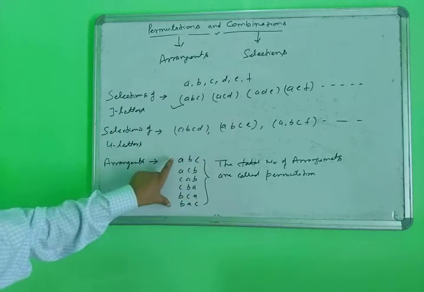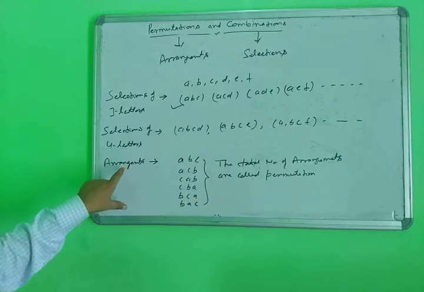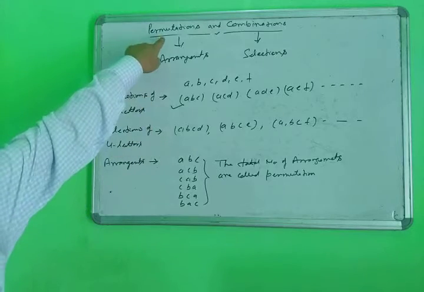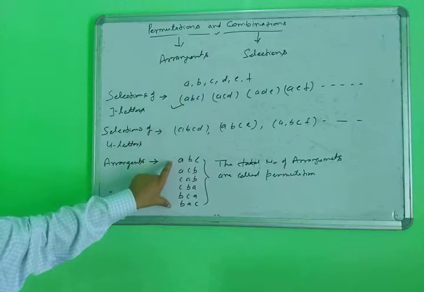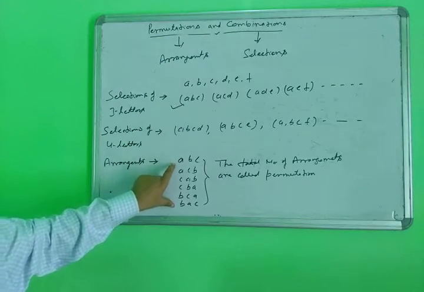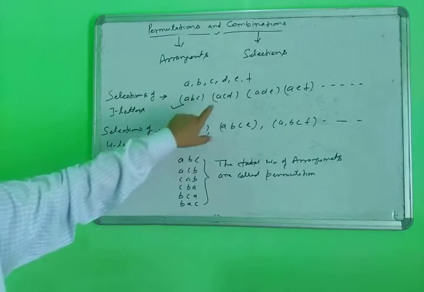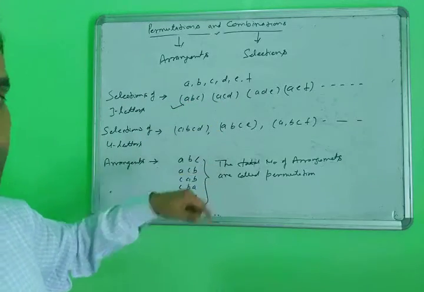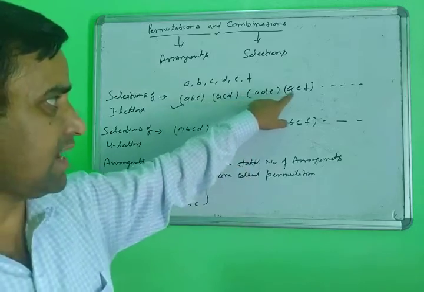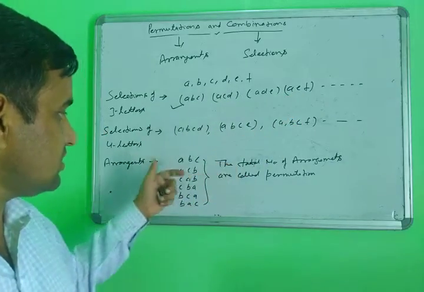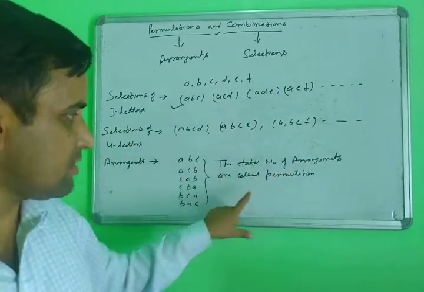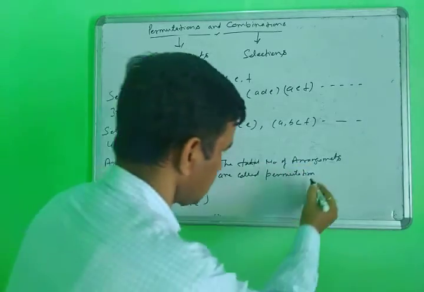The total number of arrangements is called the permutations. This is only the first selection's arrangements. Similarly we add the arrangements of the next selections. Permutation means the total number of arrangements.